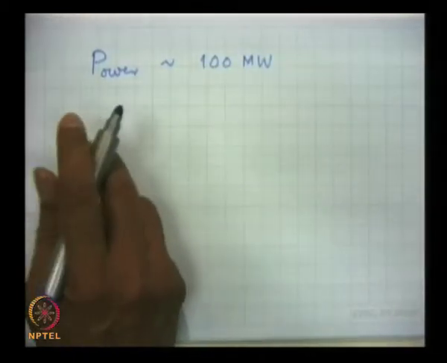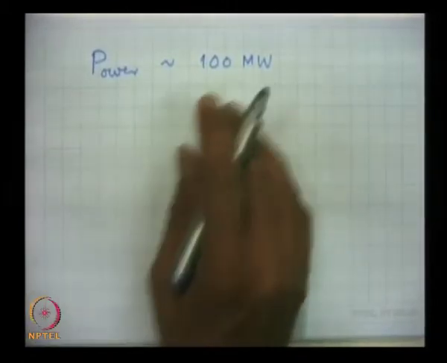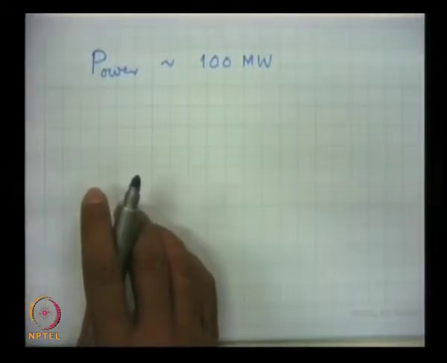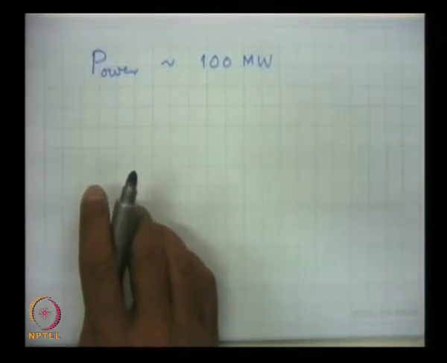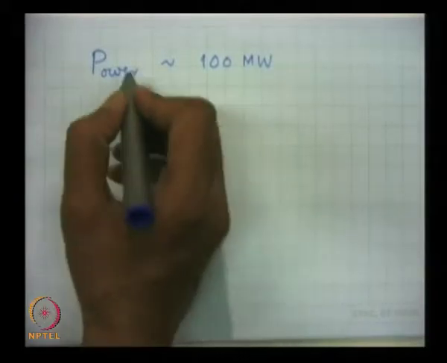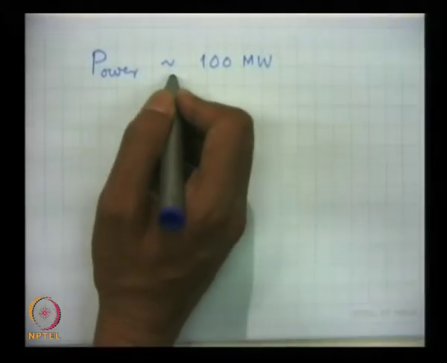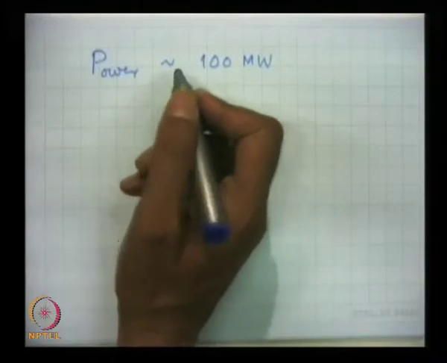Radio frequency sources of such high power exist in the microwave range, they also exist in the millimeter wave range, and they also exist at lower frequencies. So, at least we are comfortable with the availability of powers.